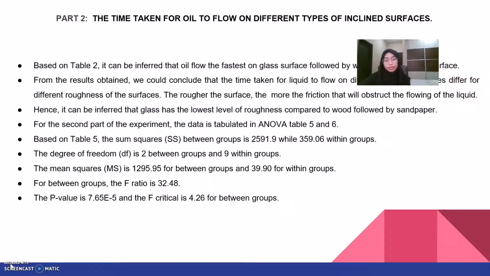The mean squares, MS, are 1295.95 for between groups and 39.90 for within groups. For between groups, the F ratio is 32.48, the p-value calculated is 7.65 to the power of -5, and the F critical is 4.26.